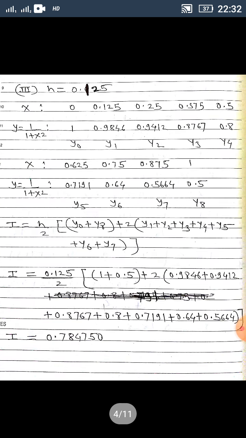Next, now for h is equal to 0.125 we calculate. The x values become 0, 0.125, 0.125 plus 0.125 is 0.25, 0.25 plus 0.125 is 0.375, 0.375 plus 0.125 is 0.5, 0.5 plus 0.125 is 0.625, 0.625 plus 0.125 gives 0.75, 0.75 plus 0.125 is 0.875, and 0.875 plus 0.125 the value is 1.